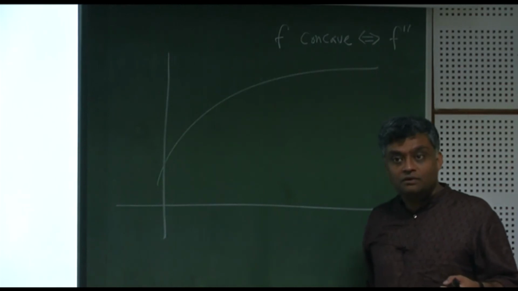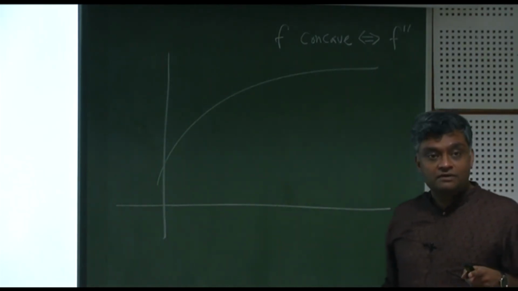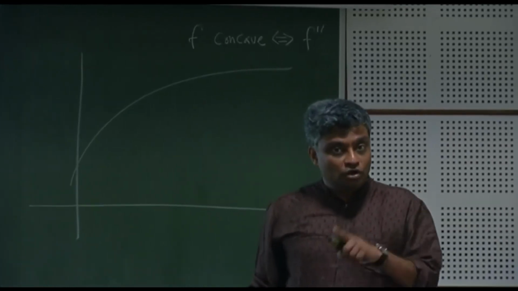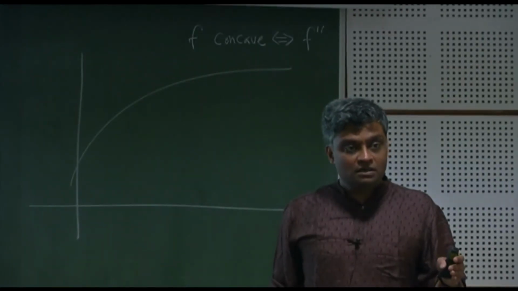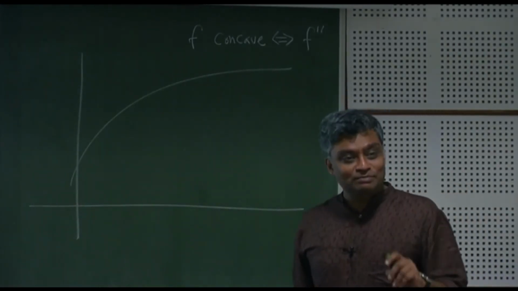For those of you who know concavity, the Hessian matrix is what? For a concave function, the Hessian matrix has what property? Negative semi-definite. I let the semi part go.